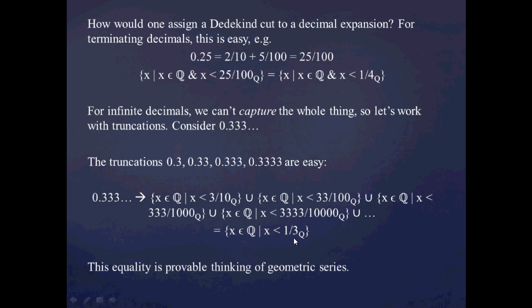For example, if I give you a rational number which is just slightly short of 1/3, that is, it's in this set, you can tell me in which one of these truncations that rational number will begin to appear. And you can actually prove that by thinking of geometric series. That is, these represent partial sums in a geometric series, and there's a nice formula for that. And so you can actually compute at which one of these sets a test value will start to appear.